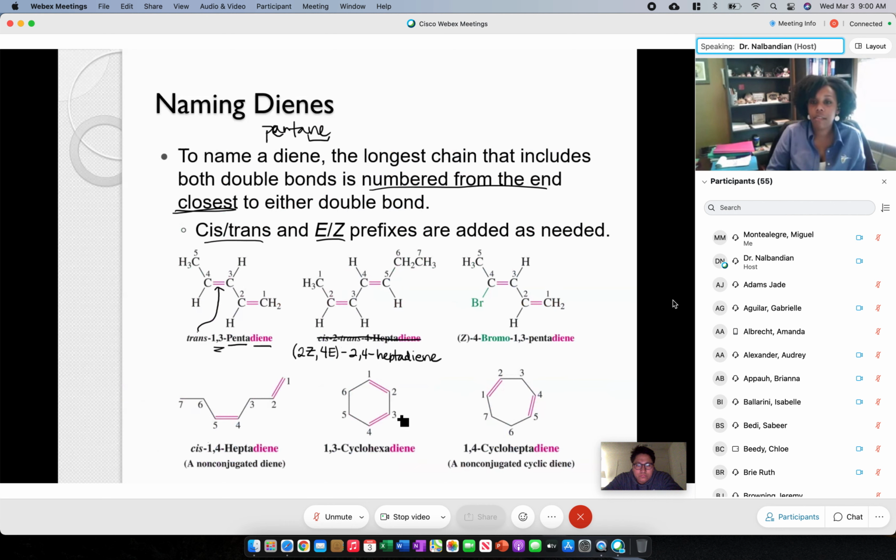Right? 2Z, 4E. This is a Z alkene. This is an E alkene. Now, the same as what we did before applies, so you could do 2Z,4E-hepta-2,4-diene. Either one is fine.